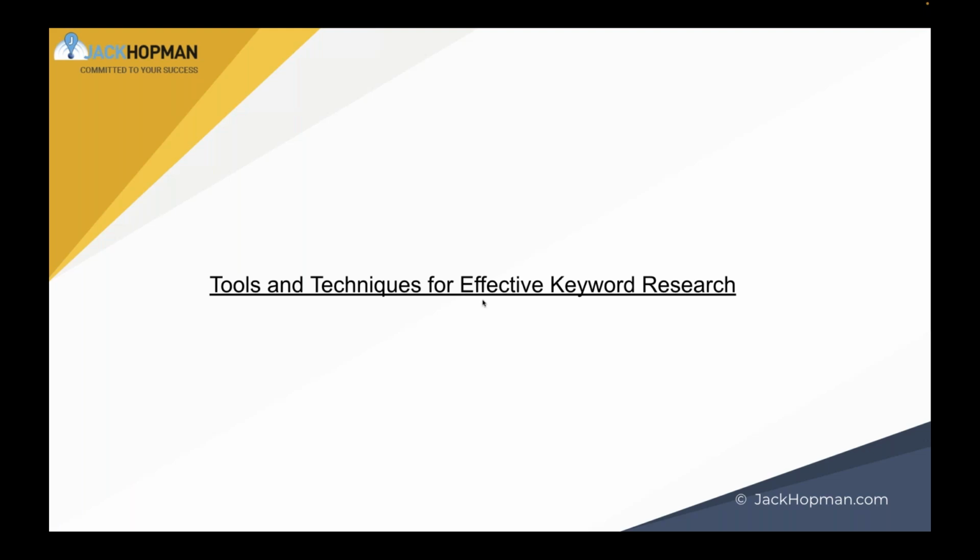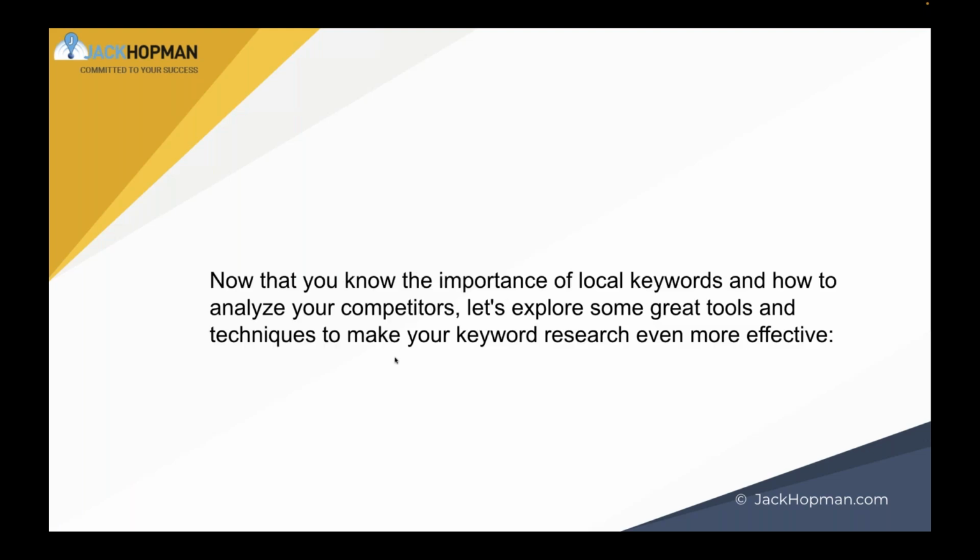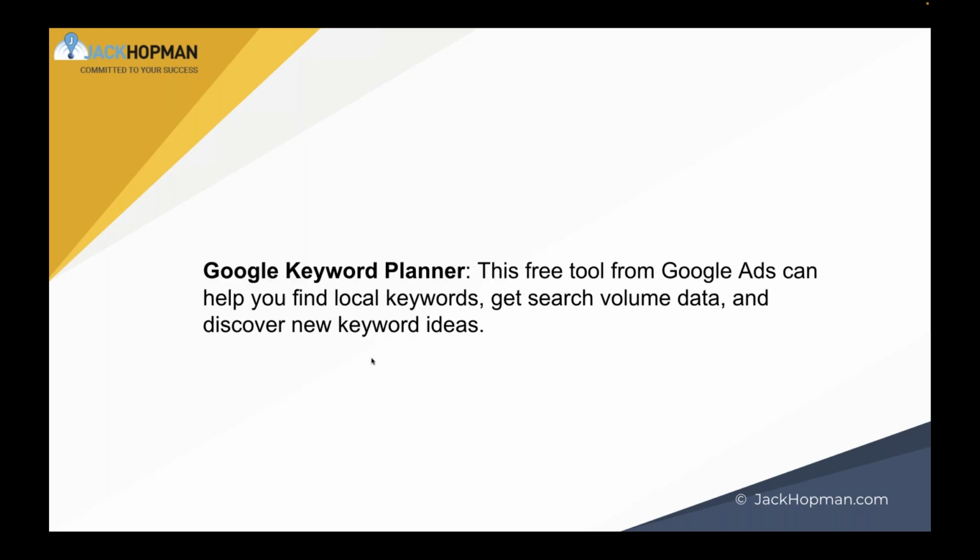Okay, tools and techniques for keyword research. Now that you know the parts of local SEO and how to analyze your competitors, let's explore some great tools and techniques to make your keyword research even more effective. Google Keyword Planner. Yes, undervalued. Which of you guys, I know Gary does, which of you guys use the Google Keyword Planner? Maybe half of you, maybe not.